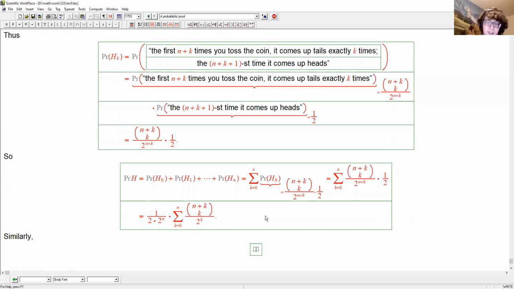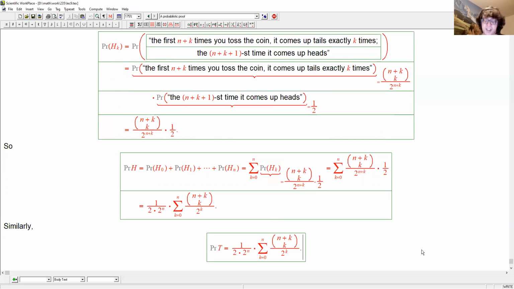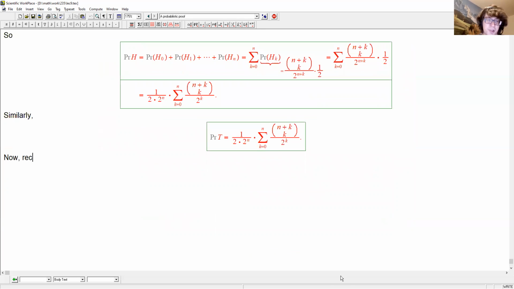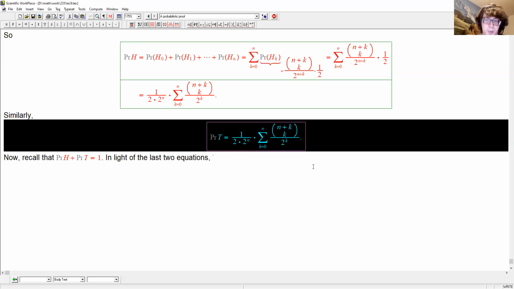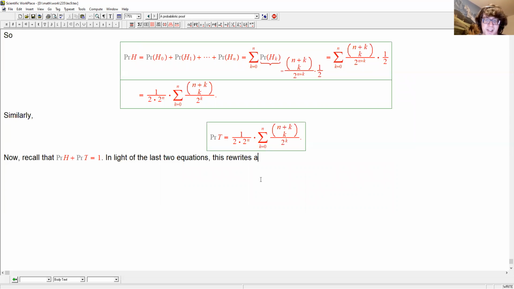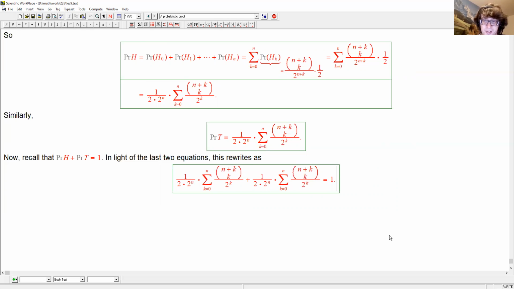Similarly, probability of t is the same. Why is it the same? Because the coin is fair. The heads and tails are behaving the same way. Now recall that the probabilities add up to 1. So in light of the last two equations, in light of these explicit formulas for these probabilities, this rewrites as this plus this equals 1. And now you can simplify, because these two terms are the same.